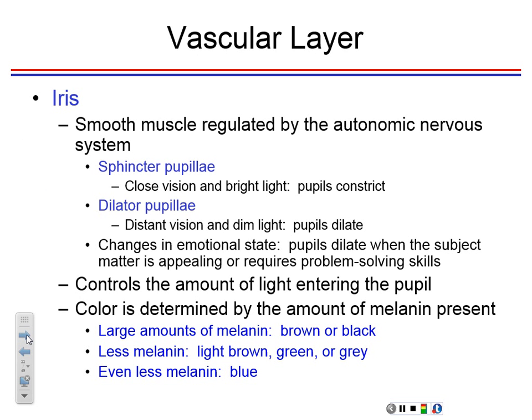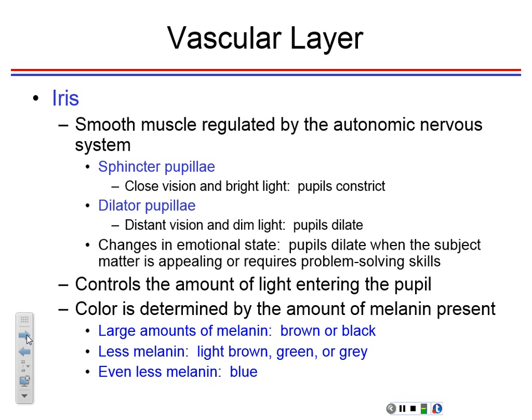So you can imagine the sphincter pupillae would be active in what conditions? Dim or bright light conditions? Bright light. Because if you've got too much light coming in there, you squint your eyes like that. It will blind you. So the sphincter pupillae will be active in very bright light conditions.